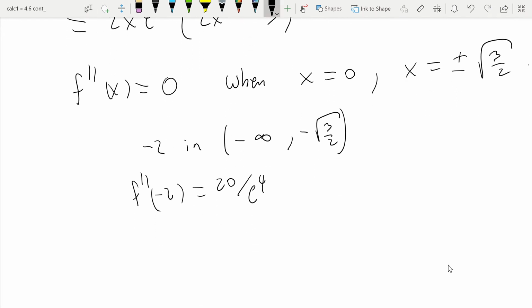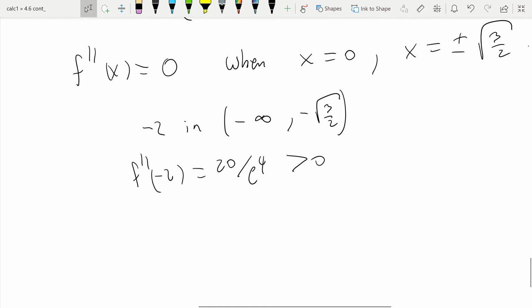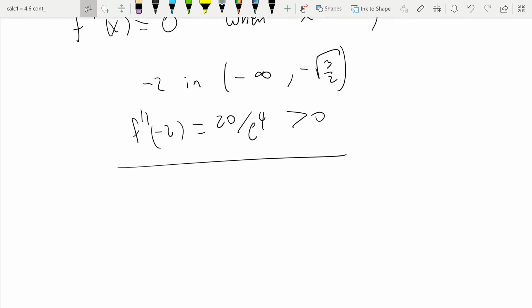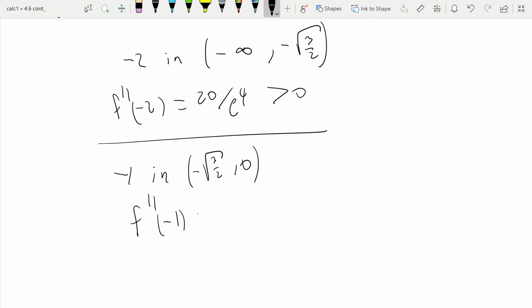We get that, which is positive. Okay, now we look for a number in between minus square root of 3 over 2 and 0. So minus 1 is in that interval. And f double prime at minus 1 gives us 2 over e, which is positive again.